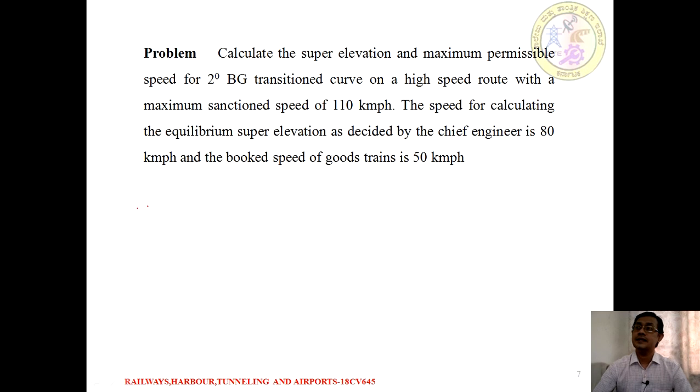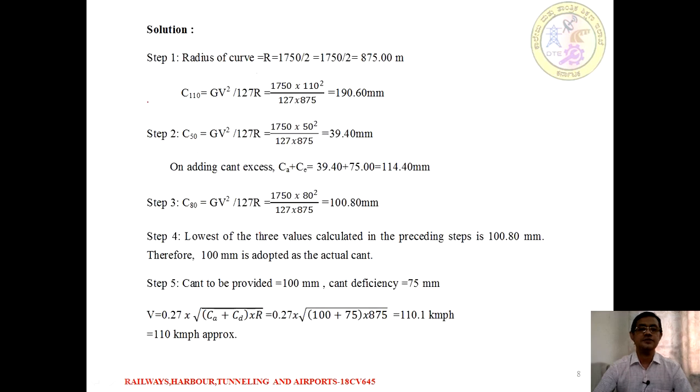In this type of problem, try to analyze the equilibrium cant or the super elevation based on the sanctioned speed of 110 and also 80 kilometers per hour, which is decided by the chief engineer. So, solution for this problem.